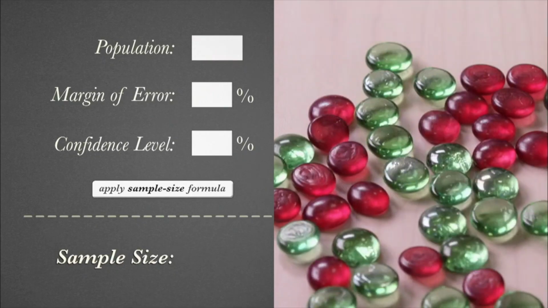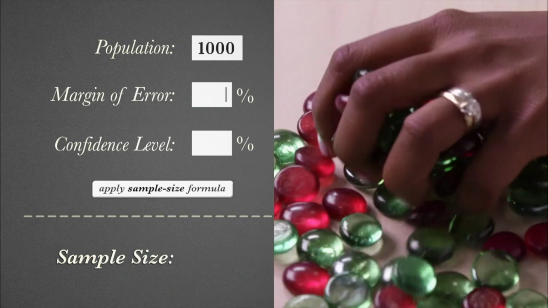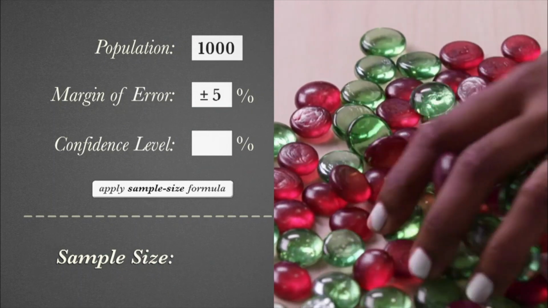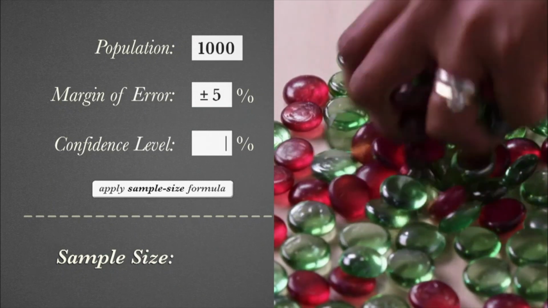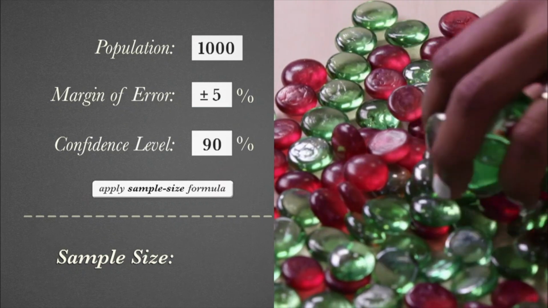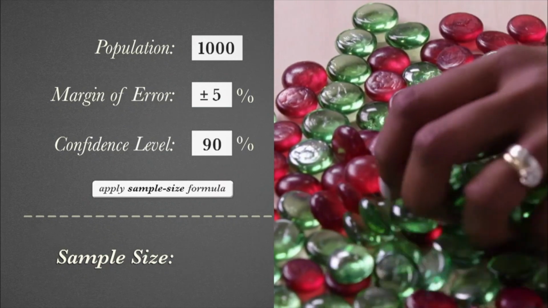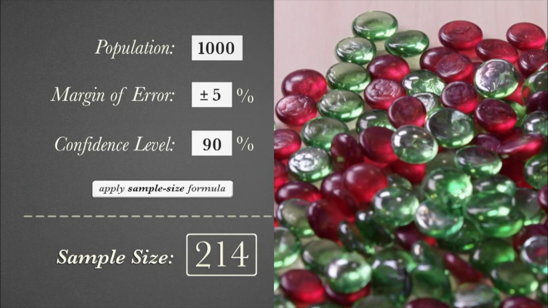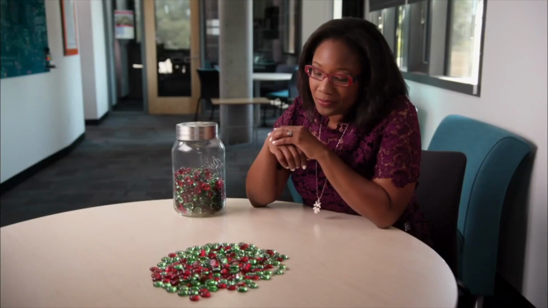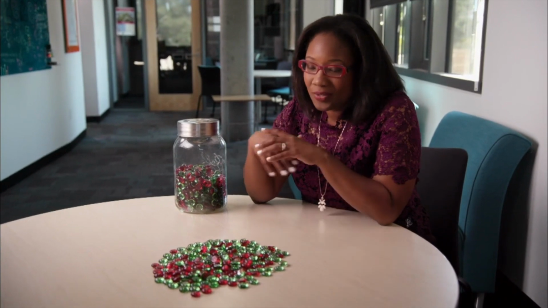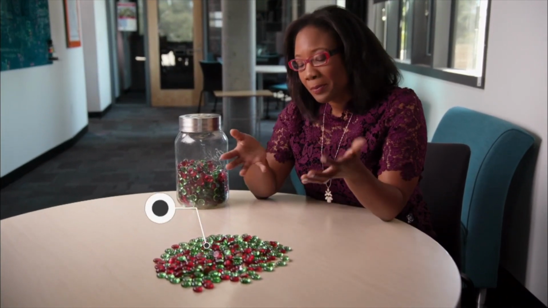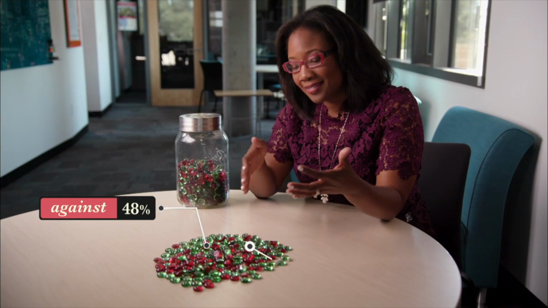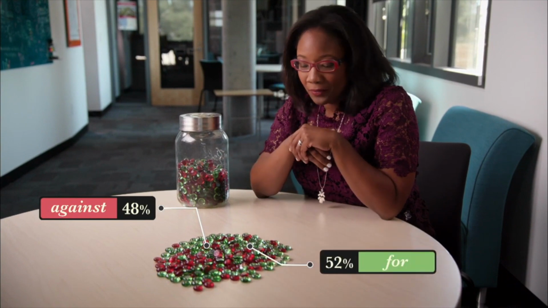Talithia knows the total number of beads is 1,000, and she's settled on a plus or minus 5% margin of error at a 90% confidence level. That means she needs a sample size of at least 214 beads. Here are the results. We got 103 red beads and 111 green. So about 48% of our population would vote against, and about 52% would vote for.